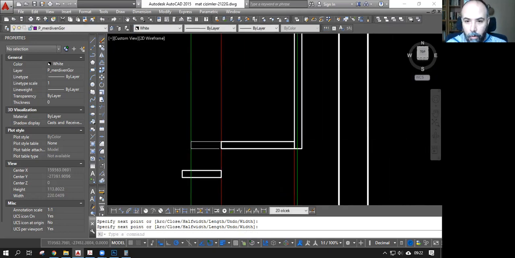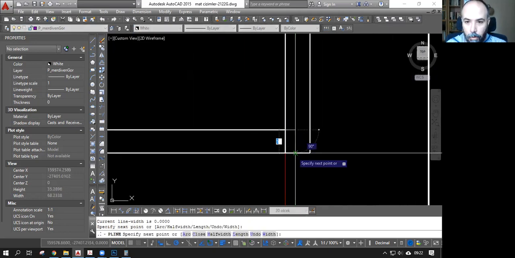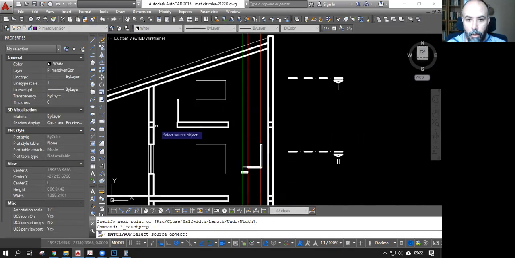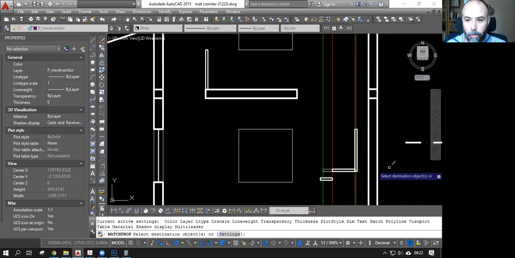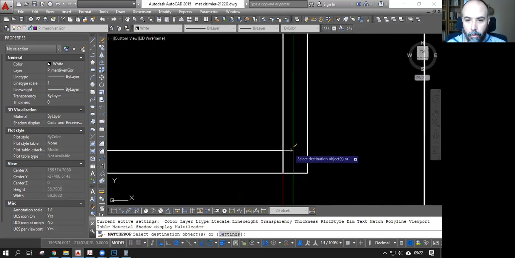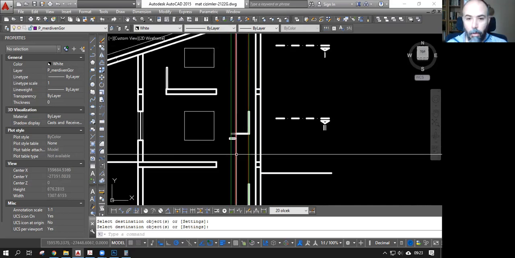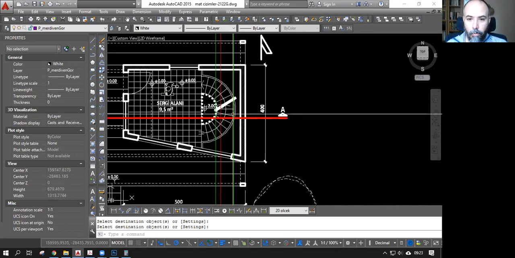That's the thing, and this one I cannot see it. It will be blocked by the handrail, so I'm going to represent it with dashed lines. However, I think I won't be able to see them in dashed lines because it's so small.